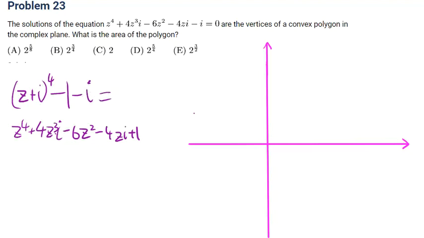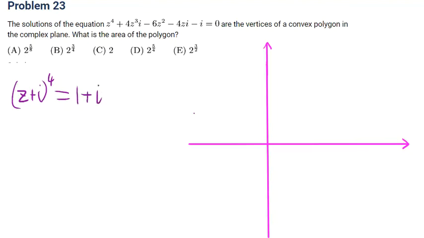So in fact, we just transform this whole thing into (z + i) to the fourth power equals 1 plus i. Alright, so this is a huge step. This problem is pretty much half solved.